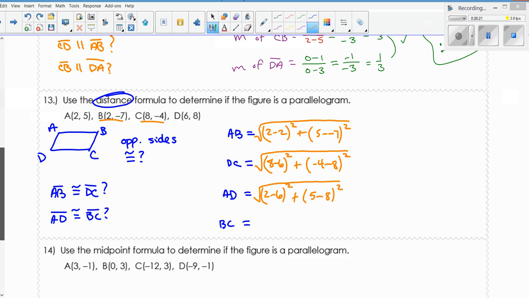It really helps to identify the coordinates and make your job a little bit quicker. My x's are 2 and 8, so 2 minus 8 squared, plus y's are negative 7 and negative 4, so negative 7 minus negative 4 squared, square root. Okay, now take your calculators and find all of those lengths. You can pause this, find those, and then check it.